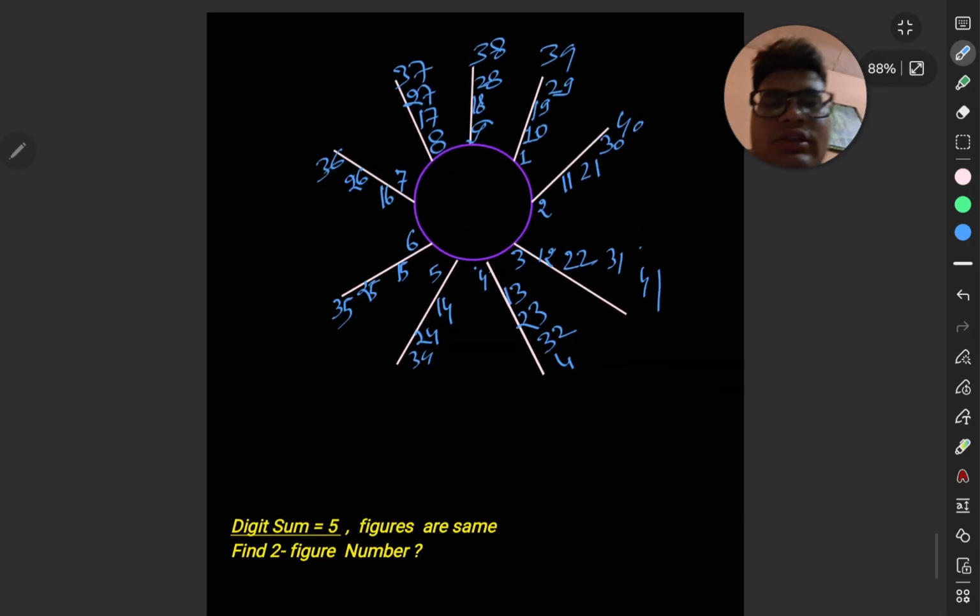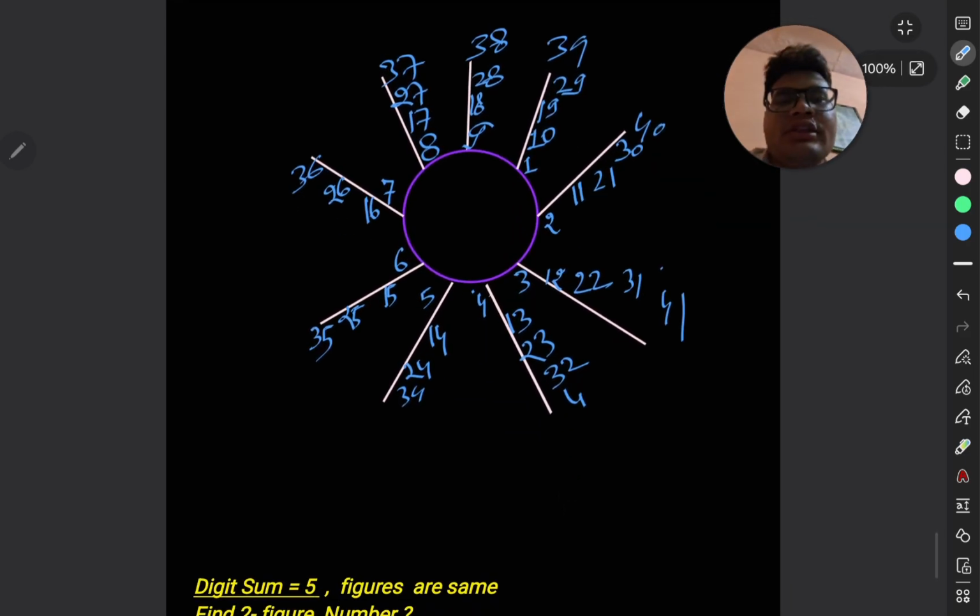So this 9-point circle increases in the way shown in this circle.